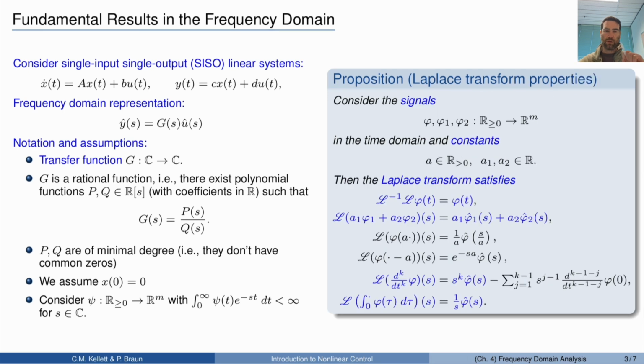What is important for the context of this lecture and in the context of the book is that there are certain properties that come with the Laplace transform. So if we take a couple of signals or functions in the time domain, and if we take three constants in R, then the Laplace transform satisfies these rules here.